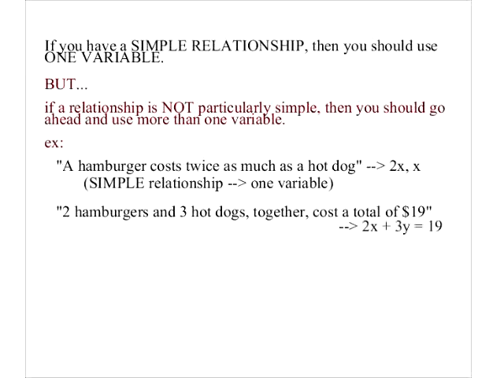Because this is not a simple relationship. So in this case, multiple variables are okay. But this is pretty much the only case in which you are all right with multiple variables, is if a simple relationship just isn't happening.